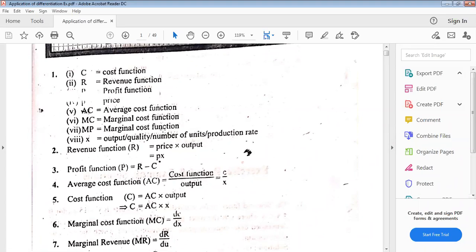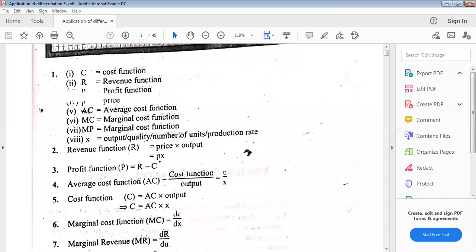And x will be the number of units which will be produced, and small p will be the price per unit. This x will be the number of units, or output, inputs, the production rate, etc. Now revenue function R will be the price multiplied by output.